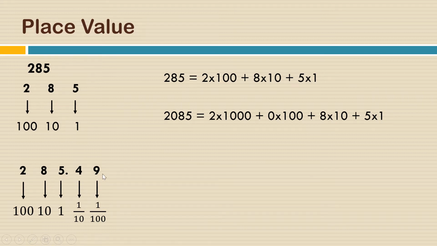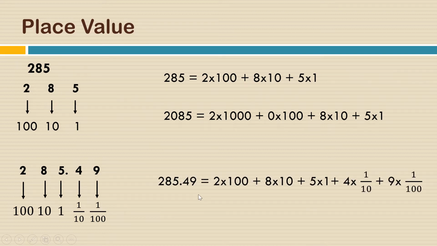In the decimal part, tenth place is 4 and hundredth place is 9. This number can be written as 285.49 equal to 2 into 100 plus 8 into 10 plus 5 into 1 plus 4 into 1 by 10 plus 9 into 1 by 100.